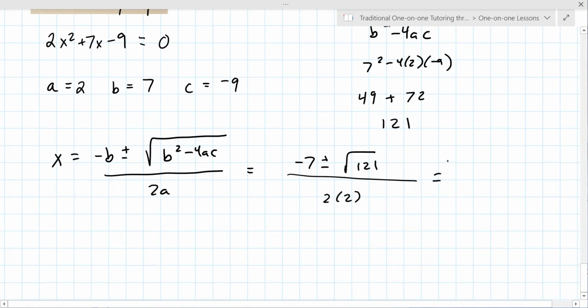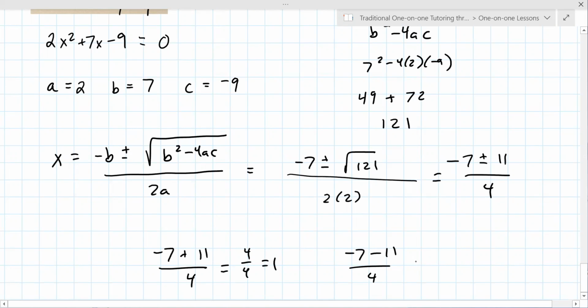So this becomes -7 plus or minus 11 over 4. And it's two things. It's -7 plus 11 divided by 4 and -7 minus 11 divided by 4. All right, so go ahead and get this written down and we'll close out here.